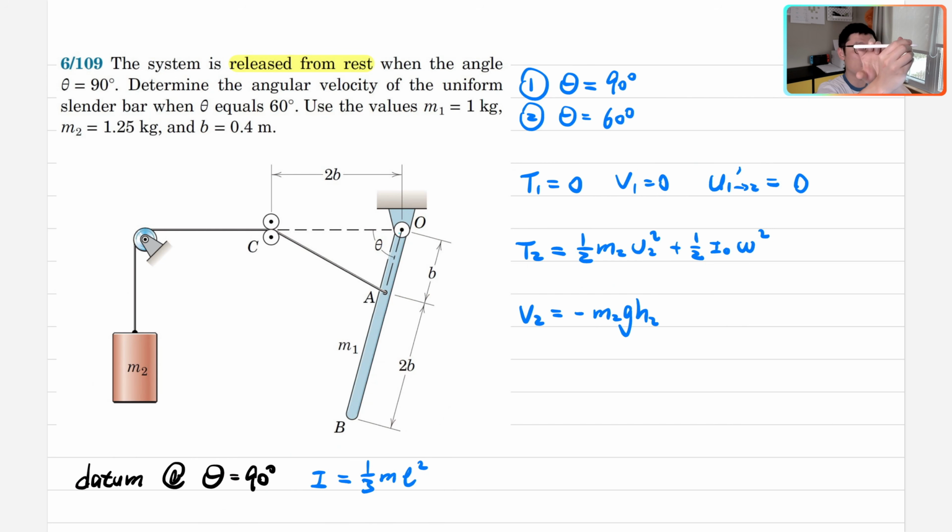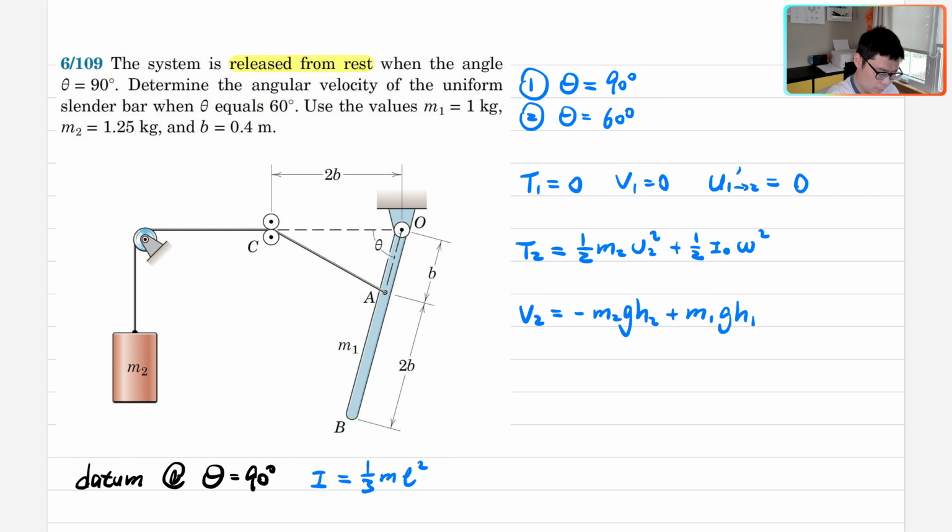So this will be the distance you raised up. Because M1 was raised up, the mass center was here probably, and probably ends up somewhere here. And our datum is at when theta was 90 degrees. So because M1 got raised up, M1 g H1. We'll find H2 and H1 in a moment.